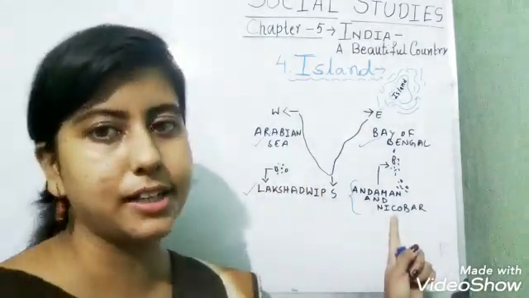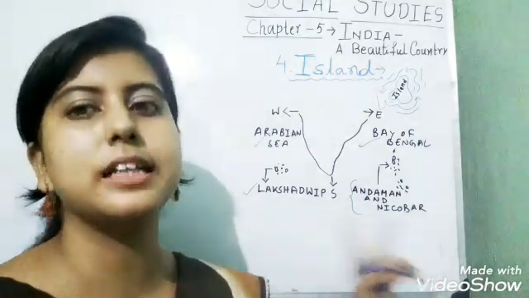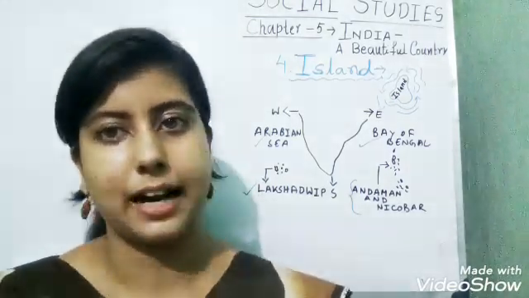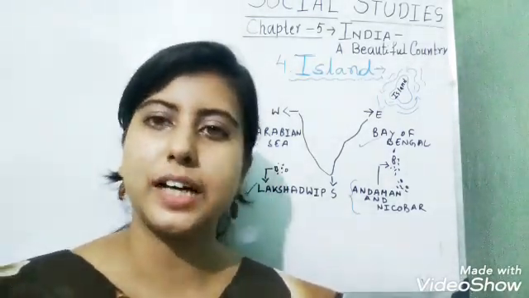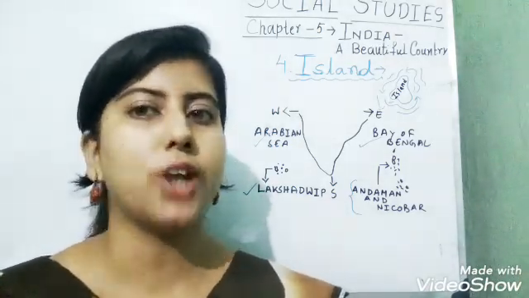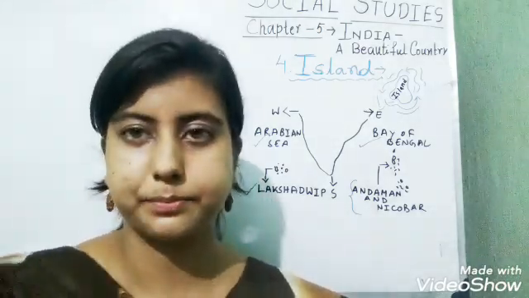So Andaman and Nicobar Islands and Lakshadweep, these are the two islands that can be found in India. So this was all about islands. Now we will talk about the climate of India.